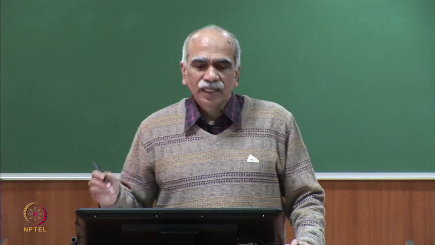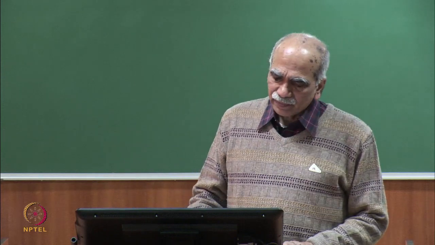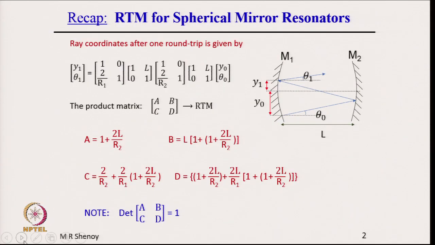Now, let us have a quick recap of what we had done. We obtained the ray transfer matrix, RTM, for a spherical mirror resonator. We have taken the ray coordinates after one complete round trip involving 4 operations. We start with y0, theta0. Here y0 is the displacement from the axis and theta0 is the angle that the ray makes with the horizontal, in this case the optic axis of the system.